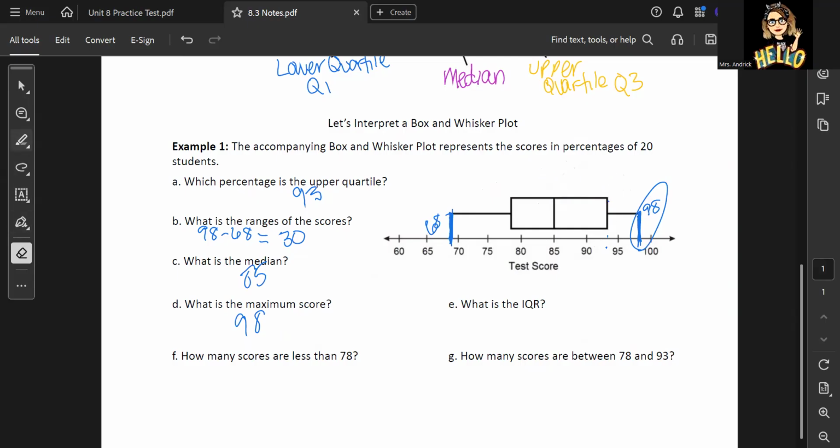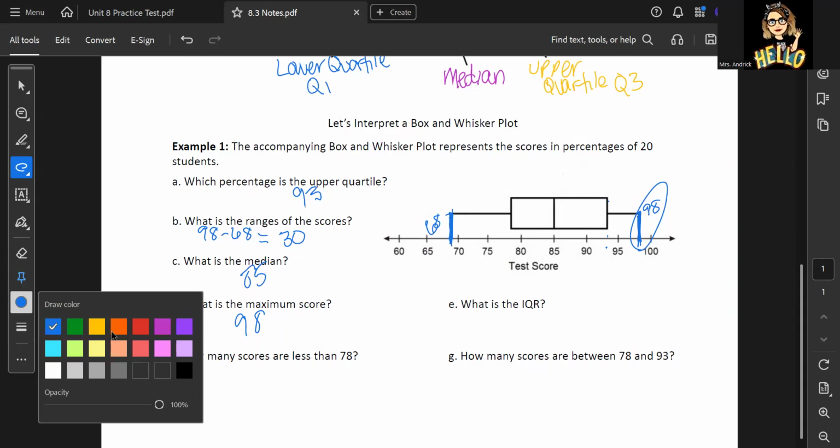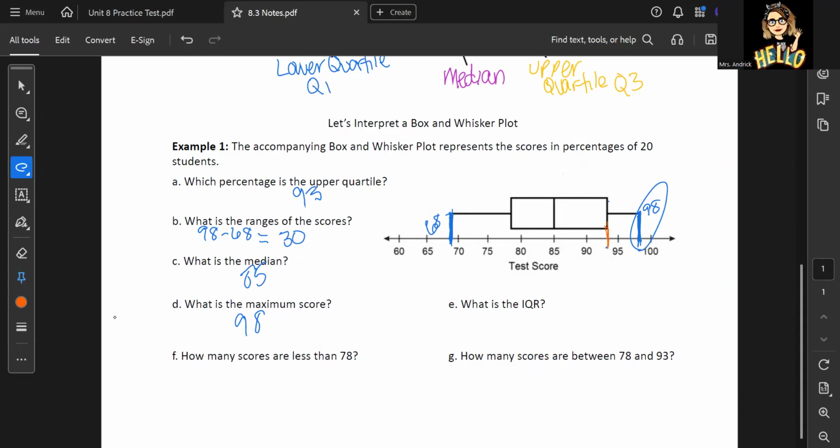So we're going to take our quartiles: this number, 93, and this number, 78-ish, and subtract them. We take the upper quartile, the 93, and subtract the lower quartile, Q1. And that's 15, I think.